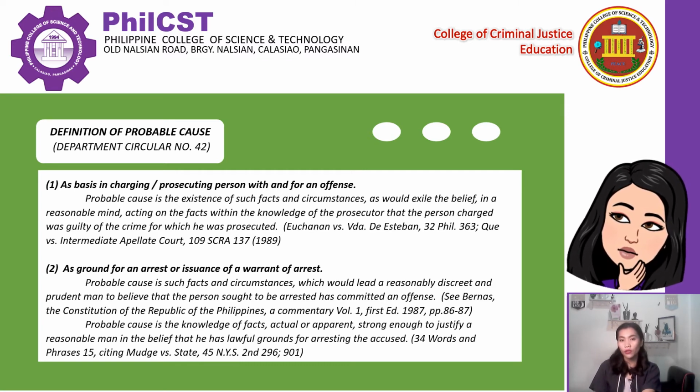Probable cause is such facts and circumstances which would lead a reasonably discreet and prudent man to believe that the person sought to be arrested has committed an offense. Probable cause is the knowledge of facts, actual or apparent, strong enough to justify a reasonable man in the belief that he has lawful grounds for arresting the accused.